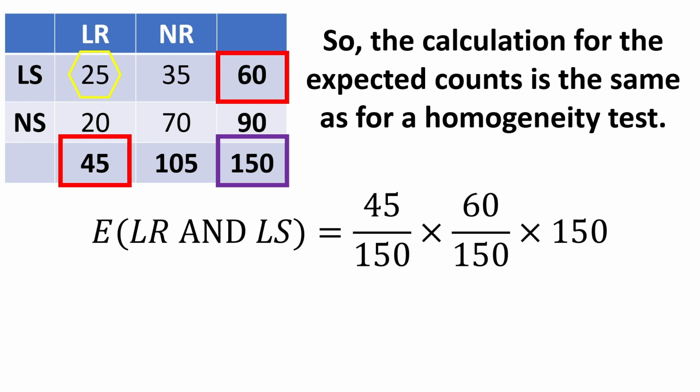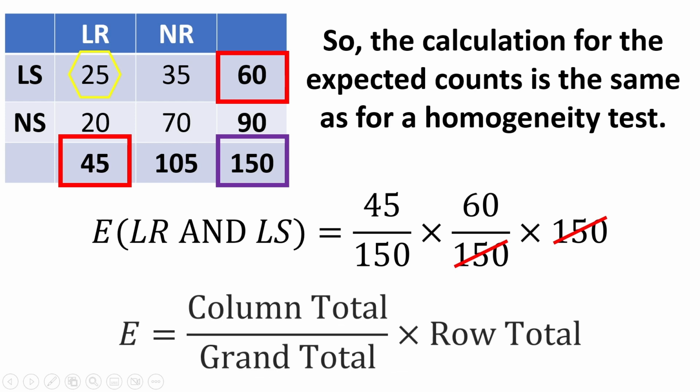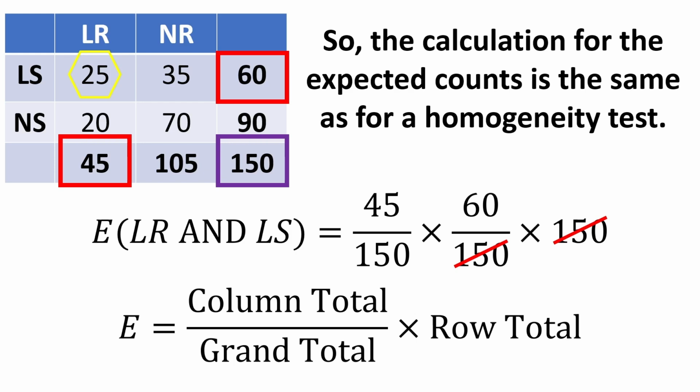That's the probability that a person likes sports. Because we're assuming independence, the probability that a person likes to read and likes sports is just a product. And to get the expected counts for that contingency, we multiply by the total sample size. Now notice, two of those 150s cancel. What do we get left over? We get the column total divided by the grand total times the row total.